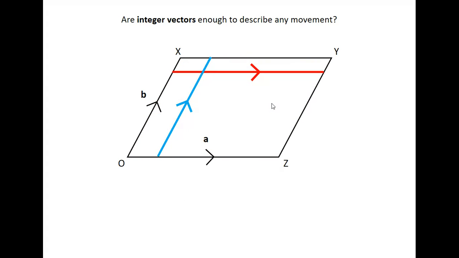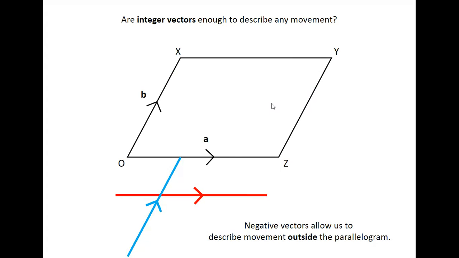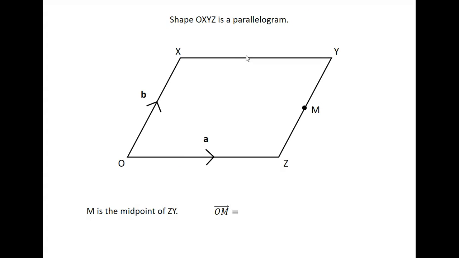Sometimes we do have negative vectors to describe opposite movements or movements outside the provided shape. We do require to use fractions when we involve midpoints or ratio.